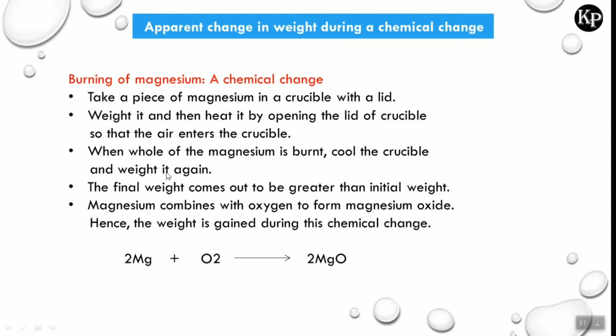When the whole of the magnesium is burnt, cool the crucible and weigh it again. The final weight comes out to be greater than the initial weight. Magnesium combines with oxygen to form magnesium oxide, hence weight is gained during this chemical reaction.